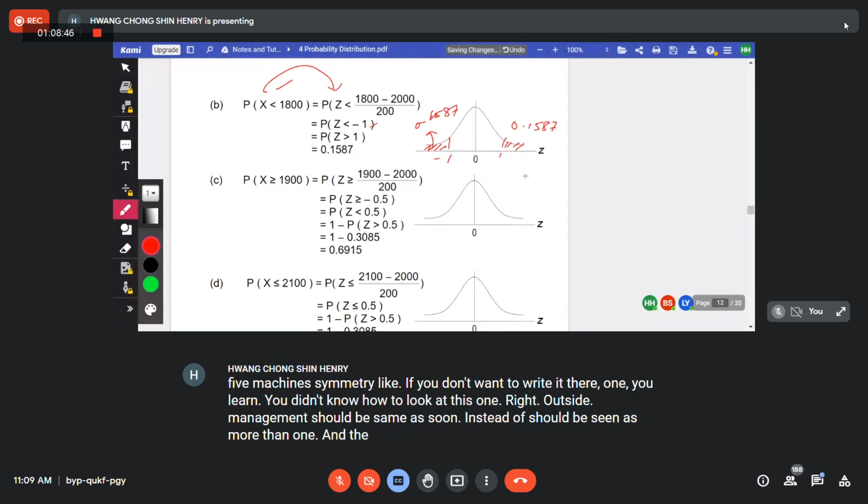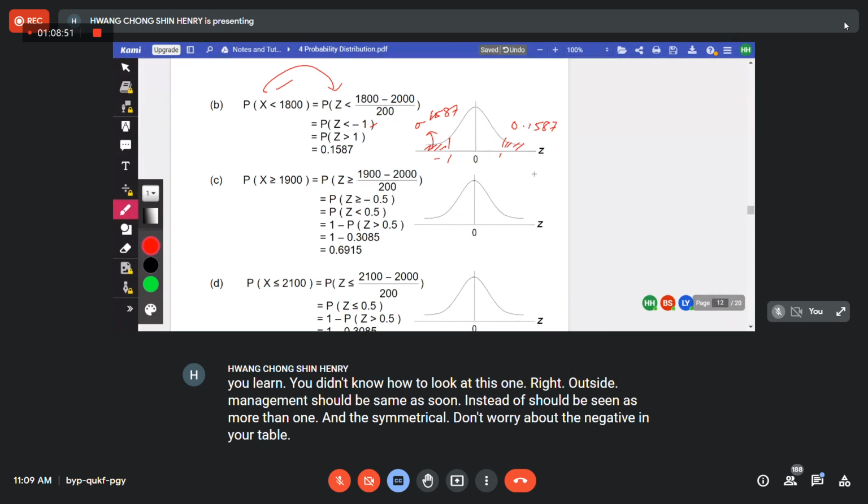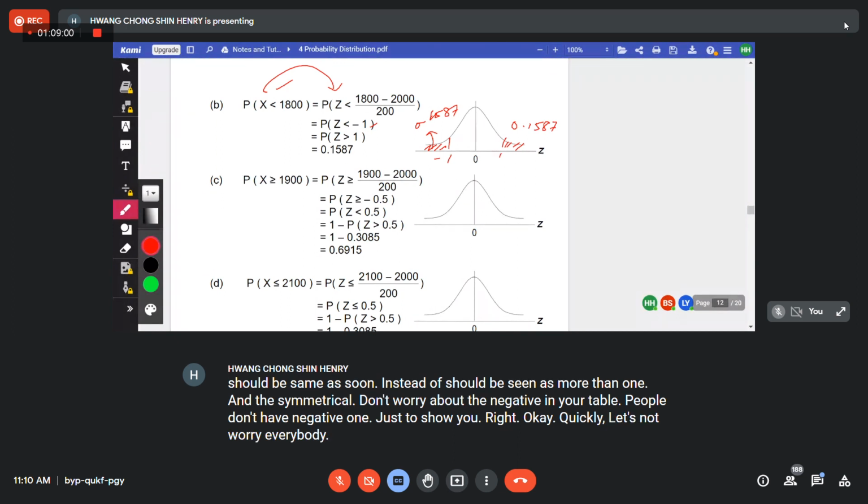Learn the symmetry fast. Don't worry about the negative in your table. The table doesn't have negative one. It's just to show you left hand side or right hand side. Okay? Quickly learn, everybody. I hope you can understand the concept fast.